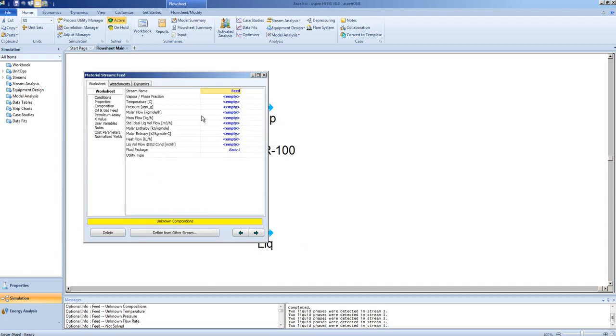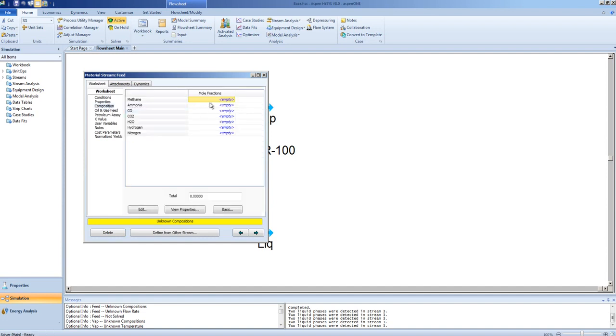So we're going to change the conditions around the feed. We're going to put in 300 degrees Celsius as the entering temperature, a pressure of 80 atmospheres, and a flow of 1000 kilogram moles per hour.